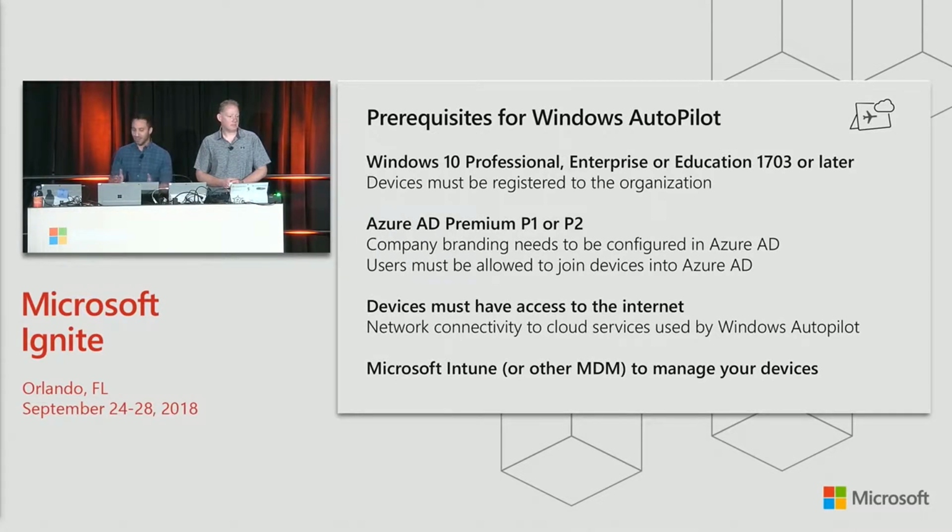What do we actually need to get started with this? Windows 10 Professional, Enterprise, or Education editions with RS2 or later. These devices, again, must be registered to your organization by your Microsoft partner. AutoPilot doesn't mean you can just walk into a store, buy a device, and expect it to work with AutoPilot.